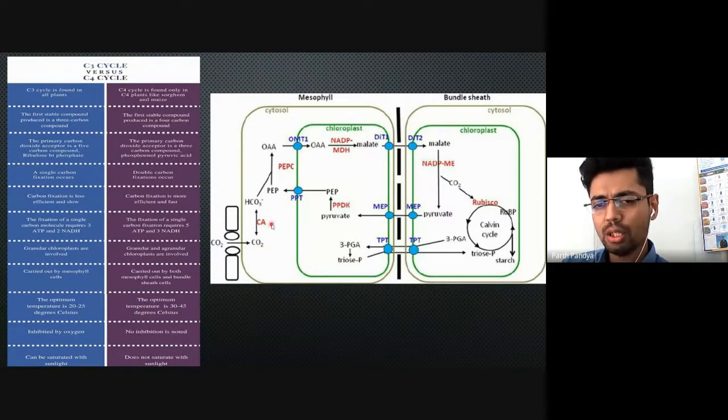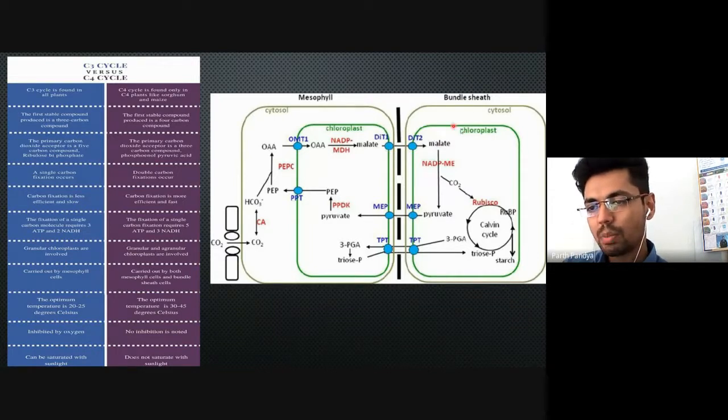Once the carbon dioxide comes inside and is converted to HCO3 minus, the PEP forms the oxaloacetate, and this takes place in the chloroplast with the help of a transporter, OMT1. This oxaloacetate is converted by malate dehydrogenase into malate, and that malate eventually goes into the bundle sheath cells.